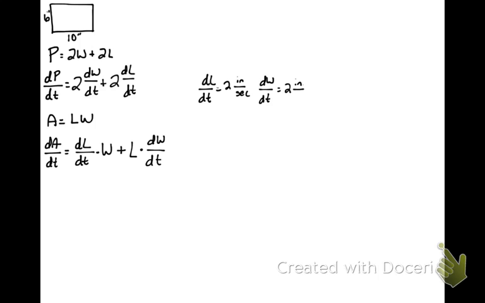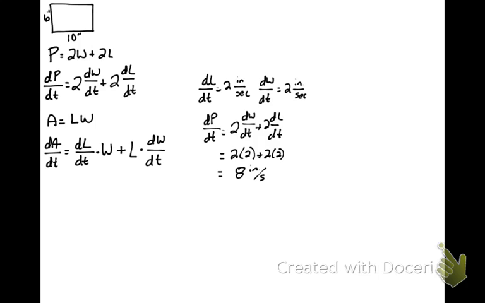So if we revisit the question, what is the change of the perimeter? Well, we have that formula. We know that dP/dt equals 2 times dW/dt plus 2 dL/dt. Since both dW/dt and dL/dt are 2, then dP/dt, the rate of change of the perimeter, would be 8 inches per second in this case.